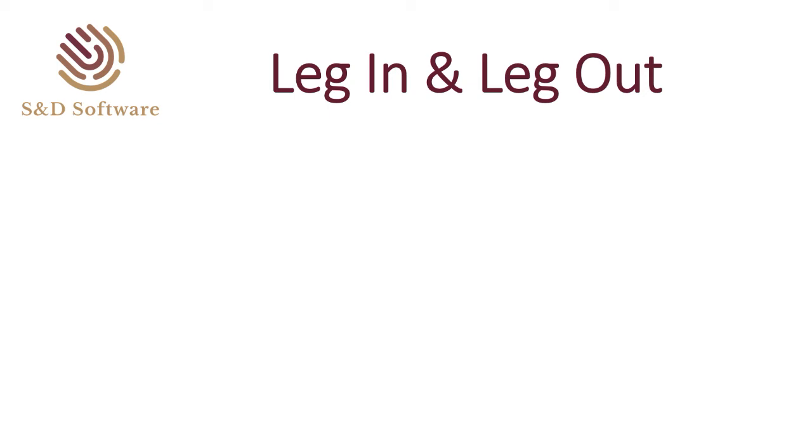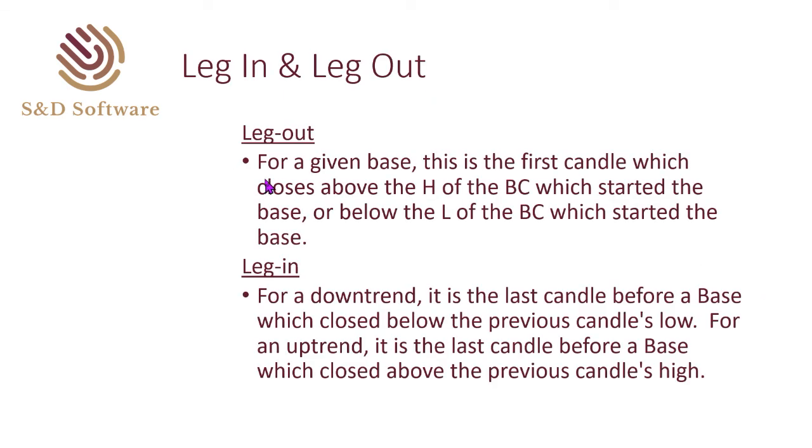Now that we understand about bases, we're going to talk about the leg in and the leg out of a base. So a leg out is the first candle which closes above the high of the basing candle which started the base, or below the low of the basing candle which started the base.